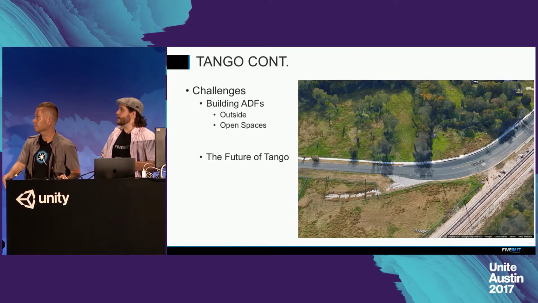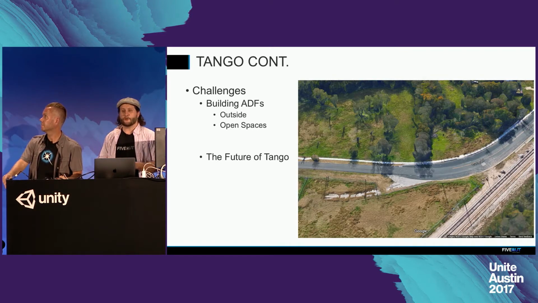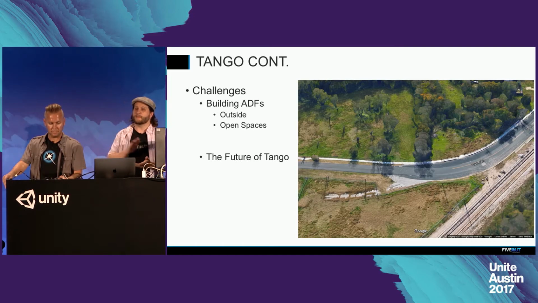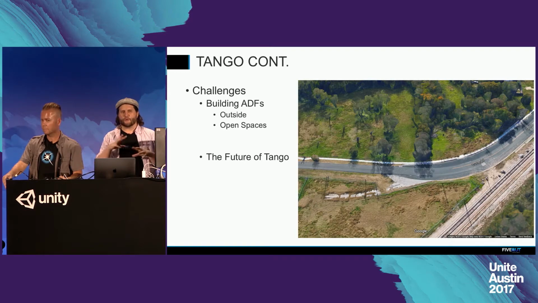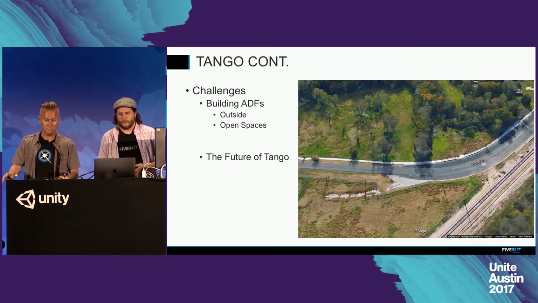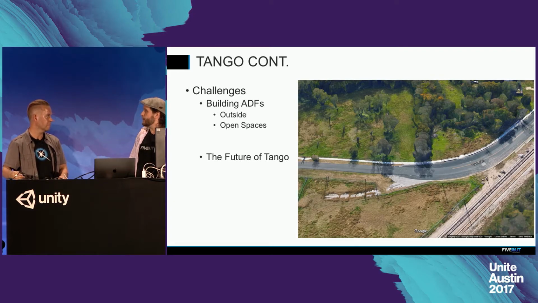So what we did is we revisited these sites and created multiple ADFs, extended ADFs, at different times of day, trying to stick around areas where they were a bit more feature-rich. I think we came up with a pretty good success.